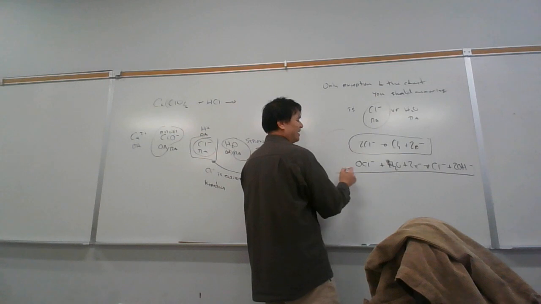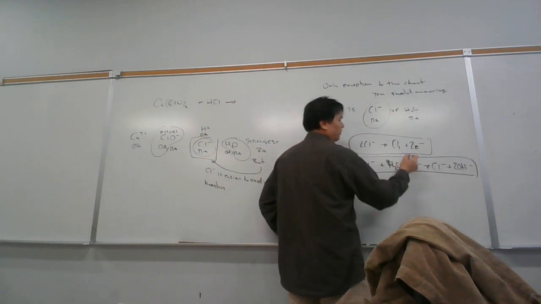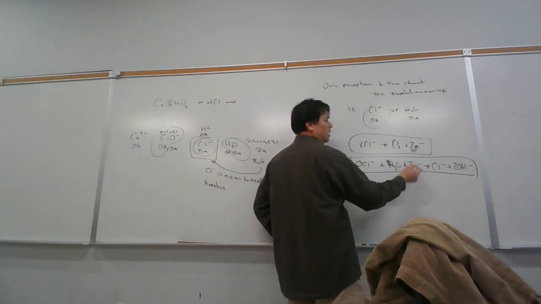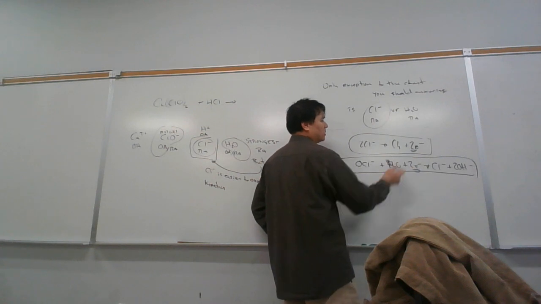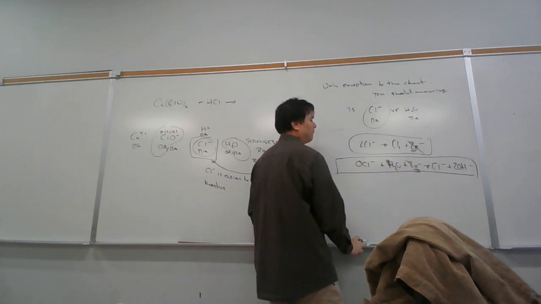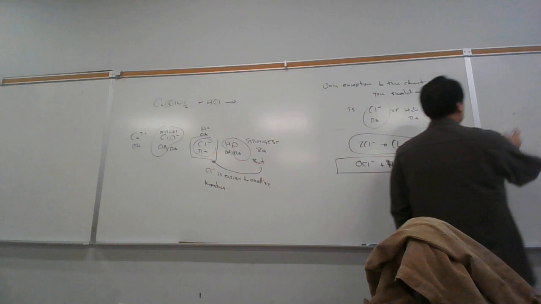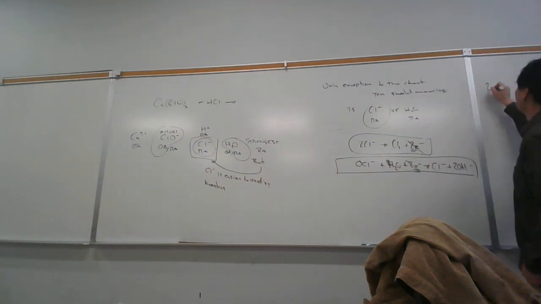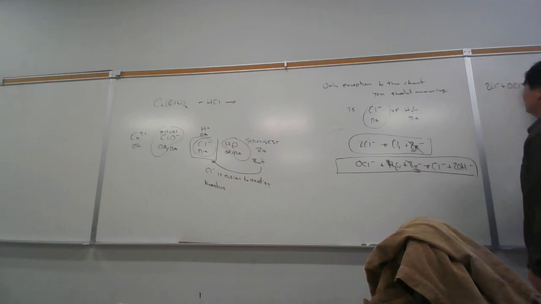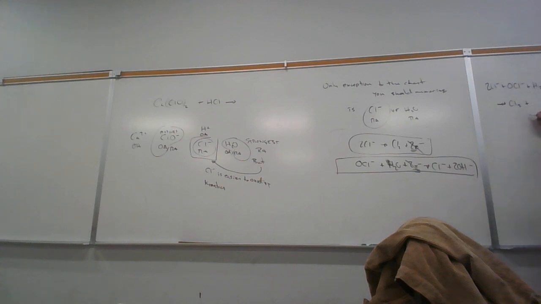And then we're going to combine these two half reactions. And we look, I have 2 electrons being lost here and 2 electrons being gained here. So electrons cancel nicely there. And the overall reaction here is just going to be 2 chlorides plus hypochlorite plus water produces chlorine plus, ooh, there's a chloride here.